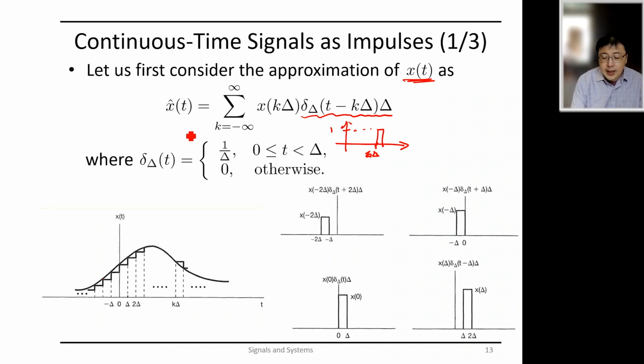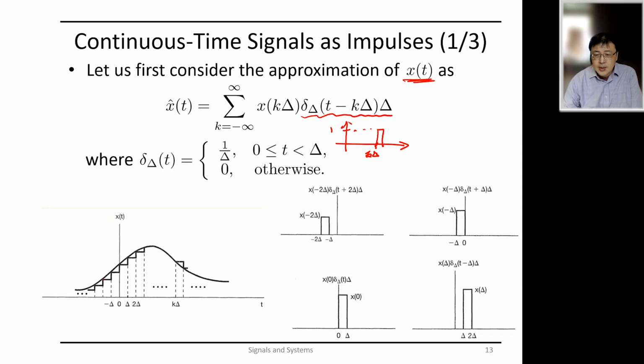So again, x hat of t is this staircase function that serves as an approximation of this continuous time function x of t. Do we have any questions about this?